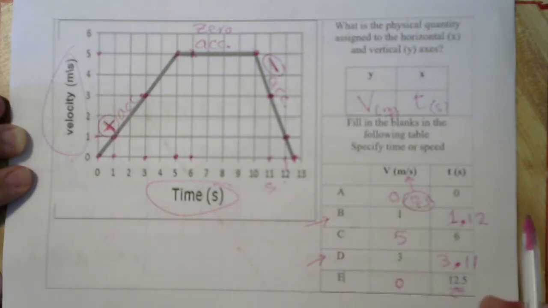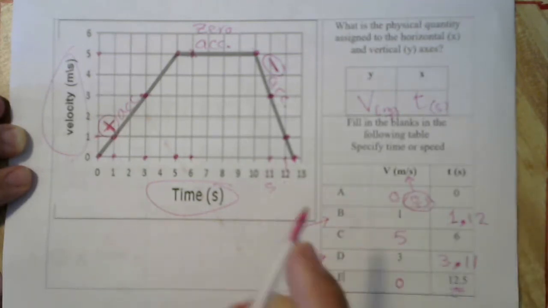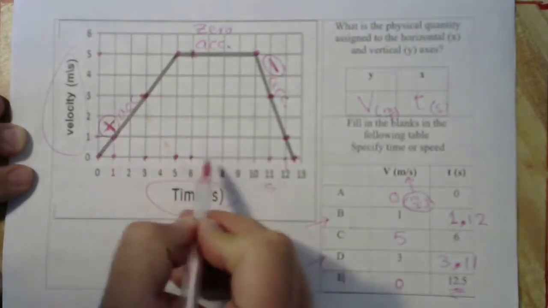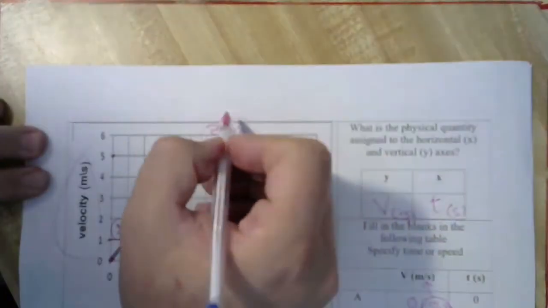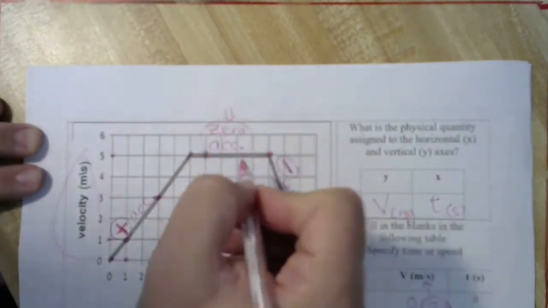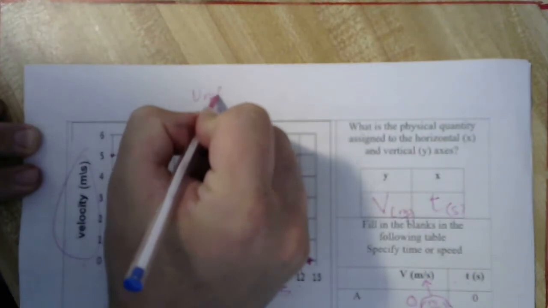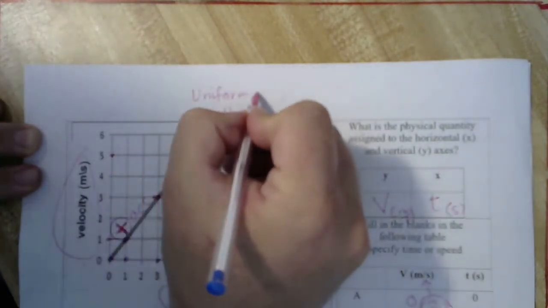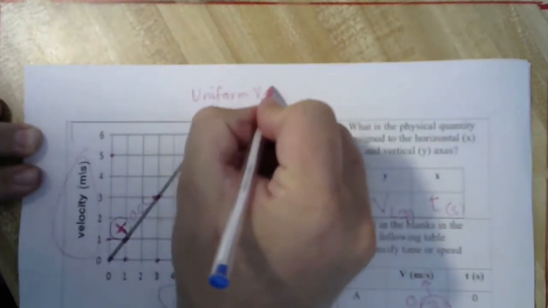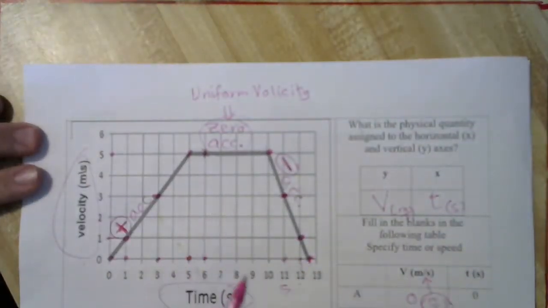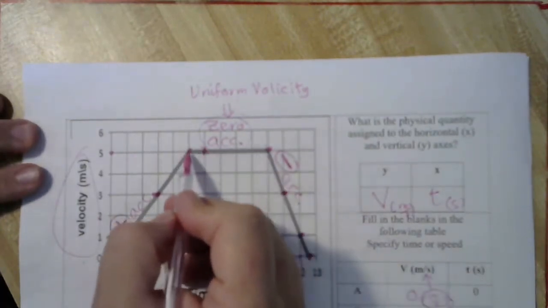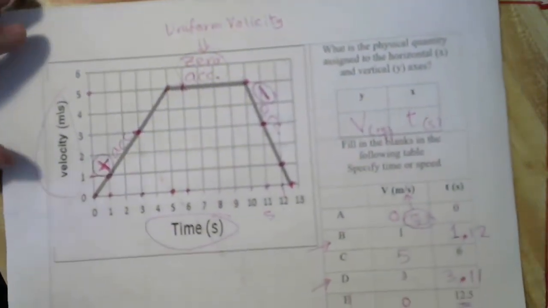When the velocity doesn't change, like from 5 seconds to 10 seconds, that means the acceleration is 0. So the body in this period has uniform motion or velocity, because the acceleration is 0. Okay.